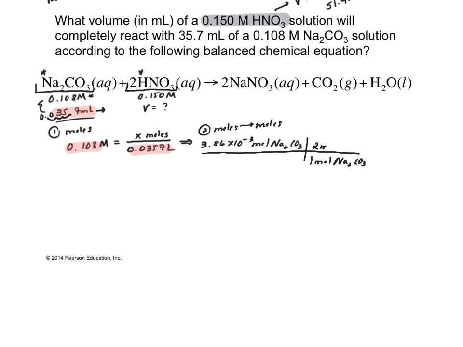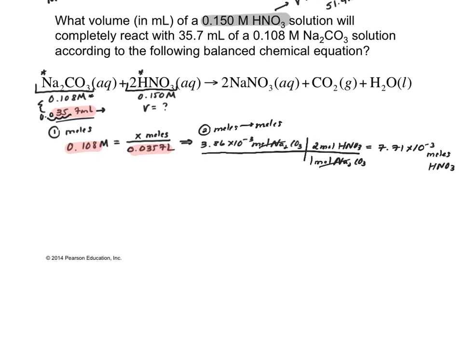For every 2 moles of HNO3, again, the moles of sodium carbonate cancel. We'll take our 3.86 times 10 to the minus 3, multiply by 2, we'll double it, and that gives us a number of moles of 7.71 times 10 to the minus 3, and that's in terms of moles of HNO3.